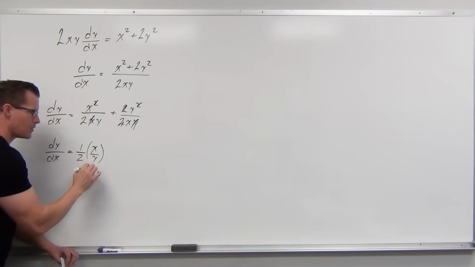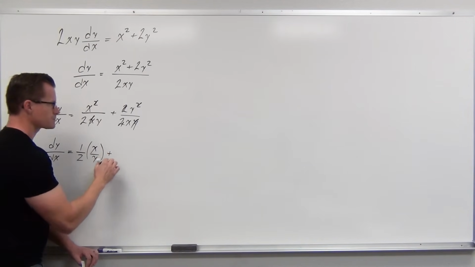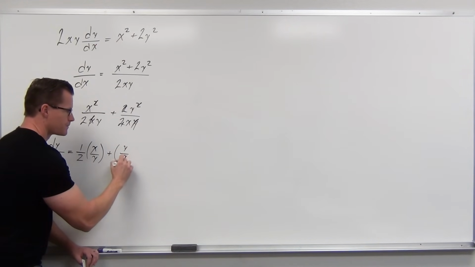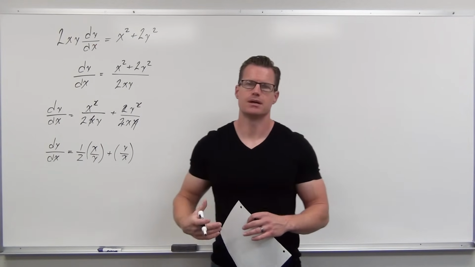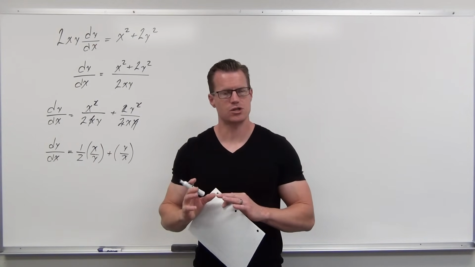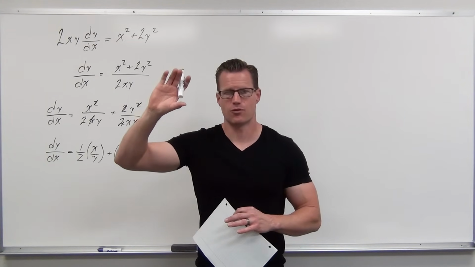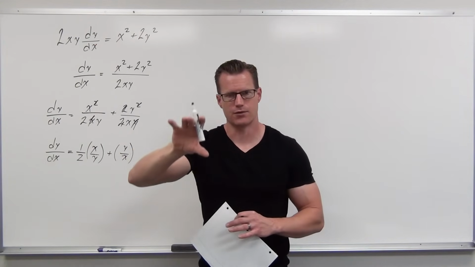And I'm going to think about this piece as something I'm going to substitute. Plus, I'm also going to write this as a fraction, y over x. Why do I put them in parentheses? Well, I'm doing that because I want to show that that's my substitution. In my head, I'm trying to organize this as something where I've wrapped all of the y's into y over x. All of the y's into y over x.